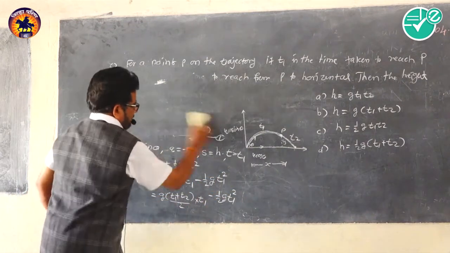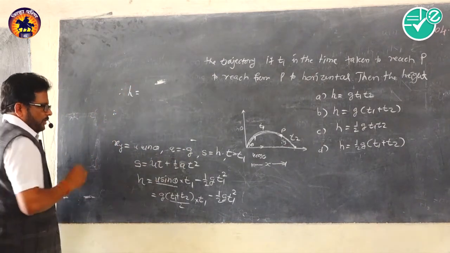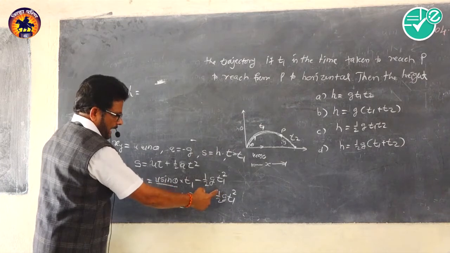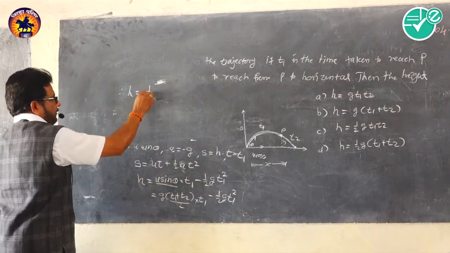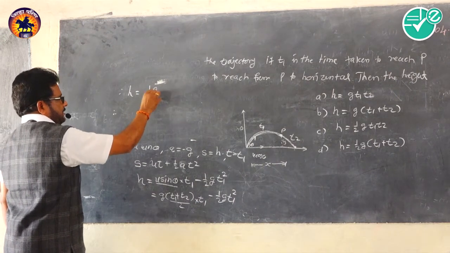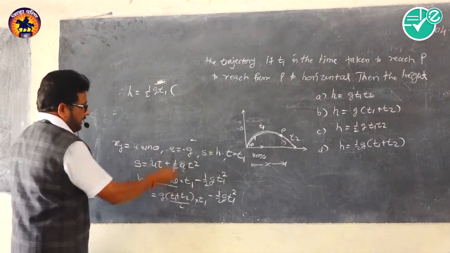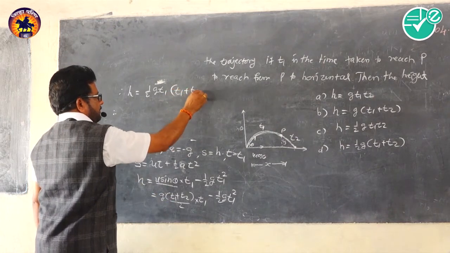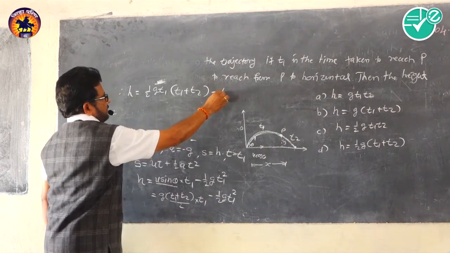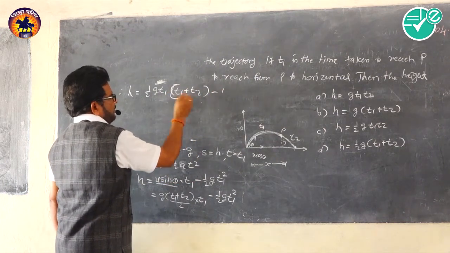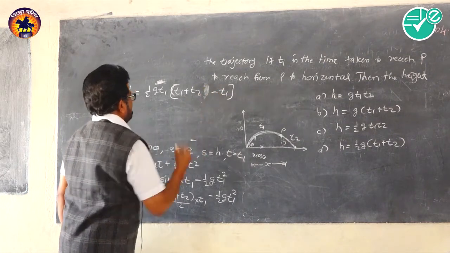Therefore H equal to, from these two terms, half g T1 common, into bracket remains only (T1 plus T2) and here T1, that means minus T1.